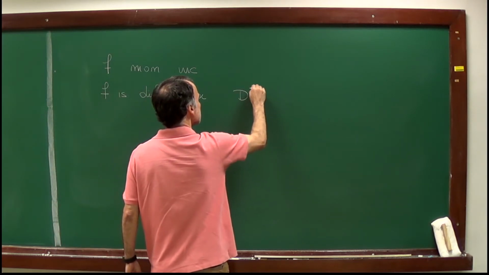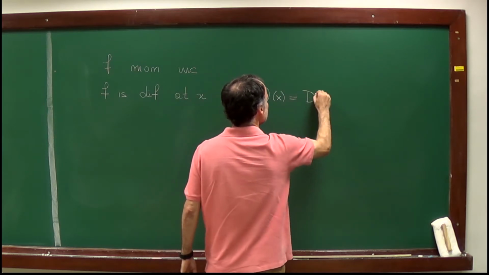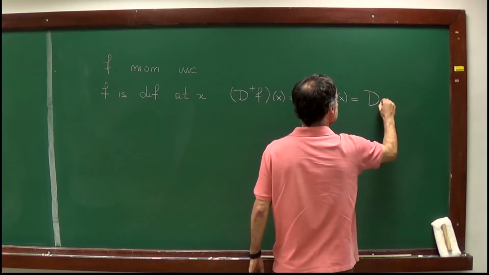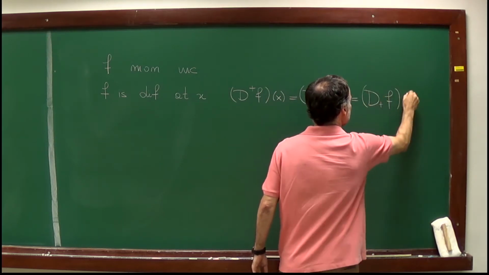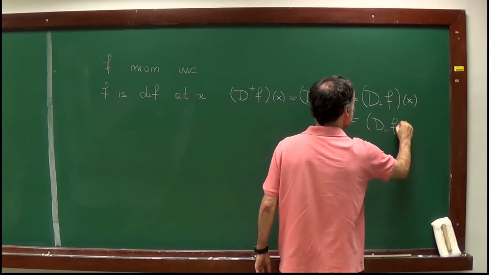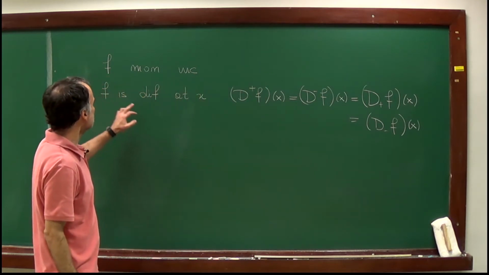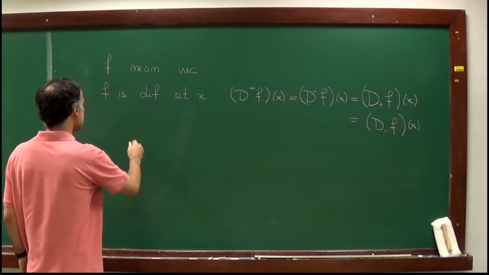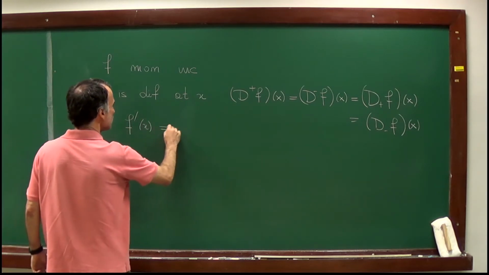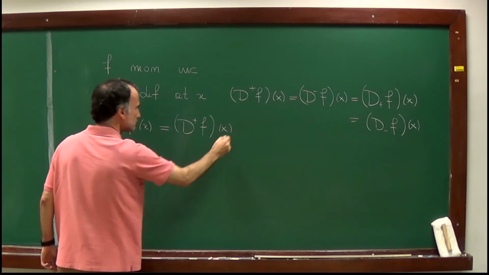So if D^+ f(x) is equal to D_+ f(x), which is equal to D^- f(x), which is equal to D_-. So if these four quantities are equal, I will say that f is differentiable at x, and I will represent by f'(x) its derivative, which is D^+ f(x).